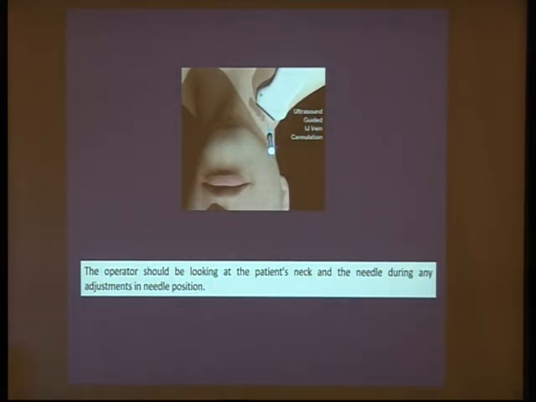You should not look at your hands while you are doing the technique, because this will be like driving a car while looking at your feet. However, at some point, if you don't hit the vein and you'd like to change your position, you have to look at your hands.